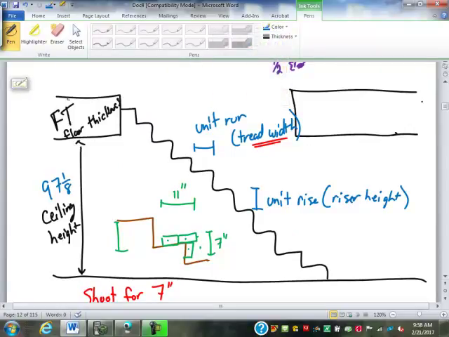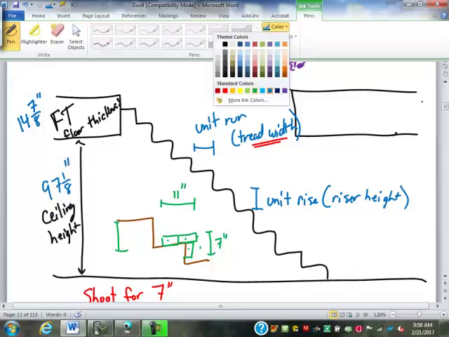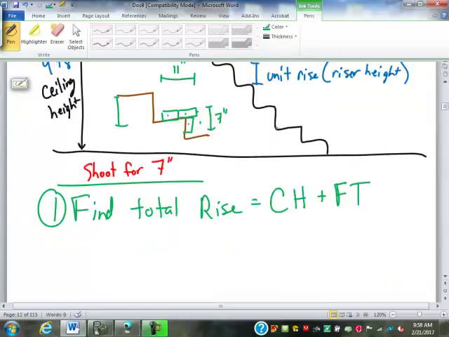Our floor thickness here, let's say that we are going to do 14 7/8 inches. I chose the 7/8 just because, well, you can probably tell why. So I have ceiling height 97 1/8 plus a floor thickness of 14 7/8.